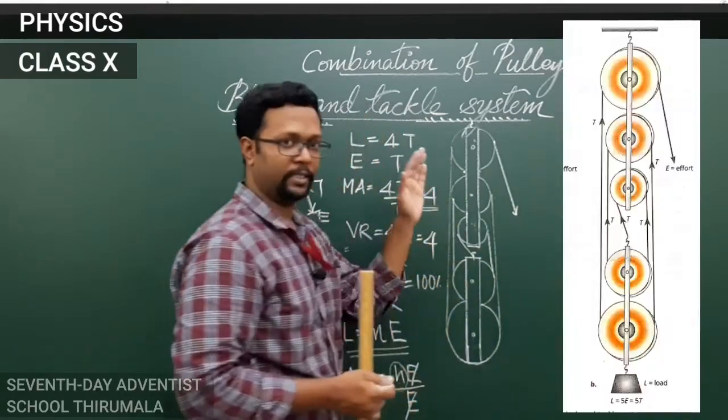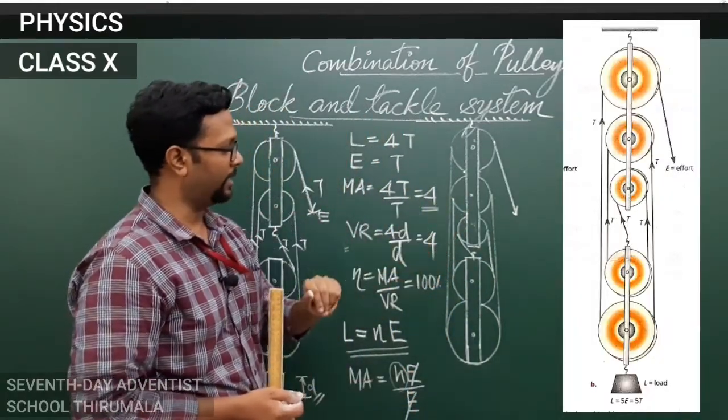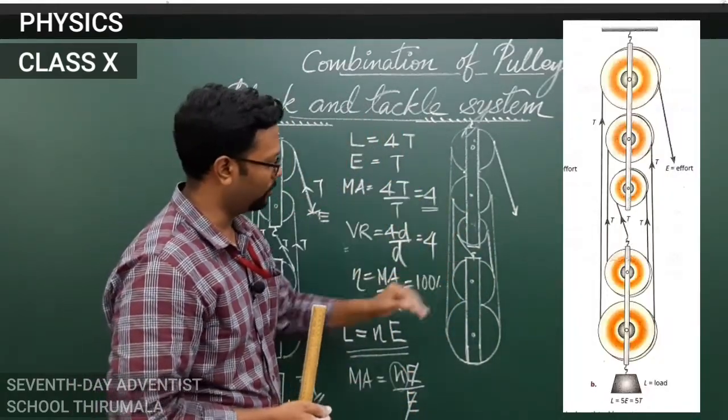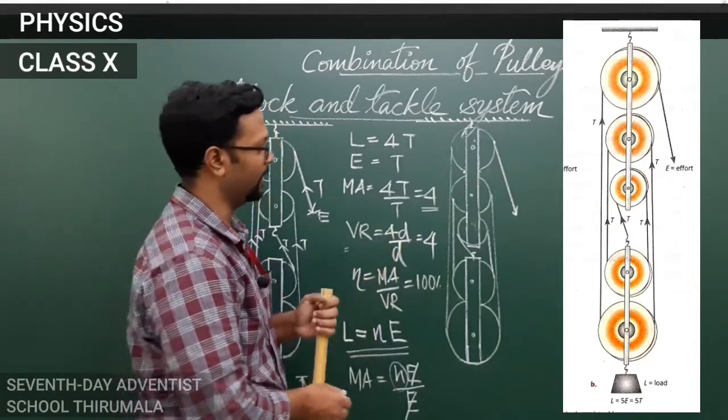So I will show another picture on the side and it should look like that. I think the strings are very close to each other, but still you can see it, I think.